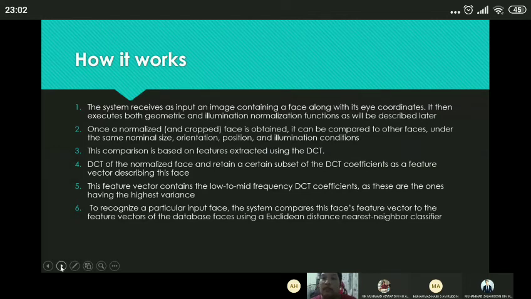The system takes the DCT of the normalized face and retains a certain subset of the DCT coefficients as the feature vector describing this face. This feature vector contains the low to mid frequency DCT coefficients, as these are the ones having the highest variance. To recognize the particular input face, the system compares the face feature vector to the feature vectors of the database faces using a Euclidean distance nearest neighbor classifier.